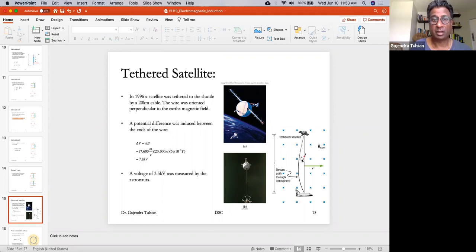With that long a cable, the voltage induced between these two should have been vLB, 7,800 volts. Okay, about 8,000 volts, and they did measure roughly half of that, because of leakage of charges and stuff like that. But they did verify this using the space shuttle.